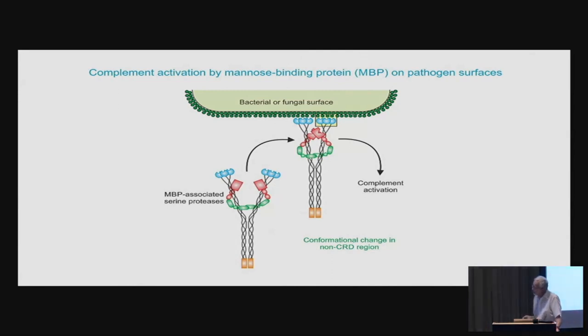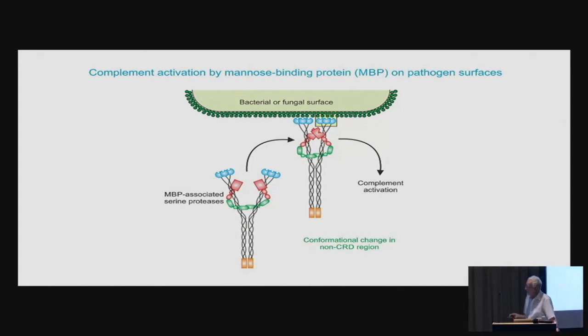If the mannose binding protein associated serine proteases are attached here, they're going to sense the interaction of the arms with the cell surface. So when the cell surface binds to the trimers and locks them into position, that is likely enough to bring the proteases close enough to each other that they can self-activate. And when they self-activate, that initiates the complement cascade.